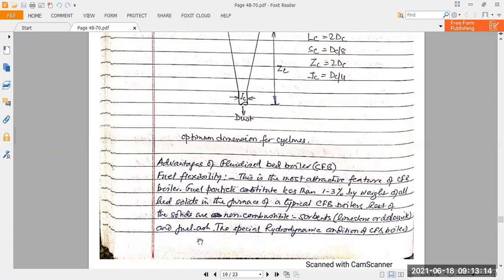So the most important thing is what is contained in the furnace other than the fuel, because this will have a detrimental effect on the burning of the fuel itself. Here we are injecting the fuel and air through limestone. So limestone or sorbents are very much present there, and fuel ash itself.